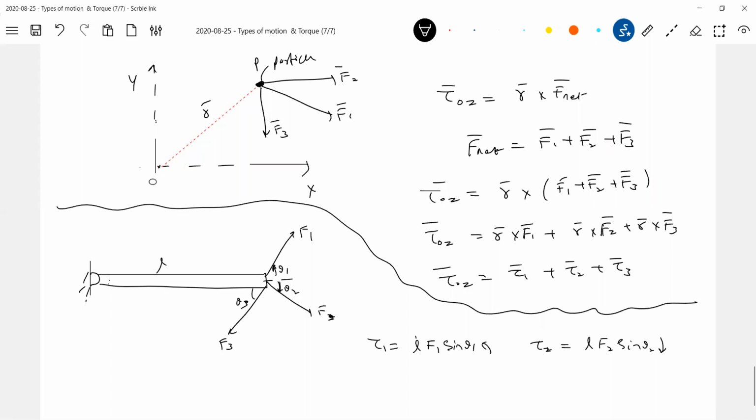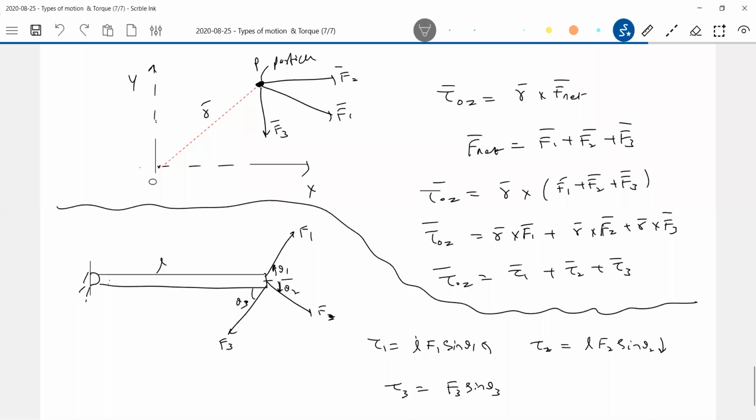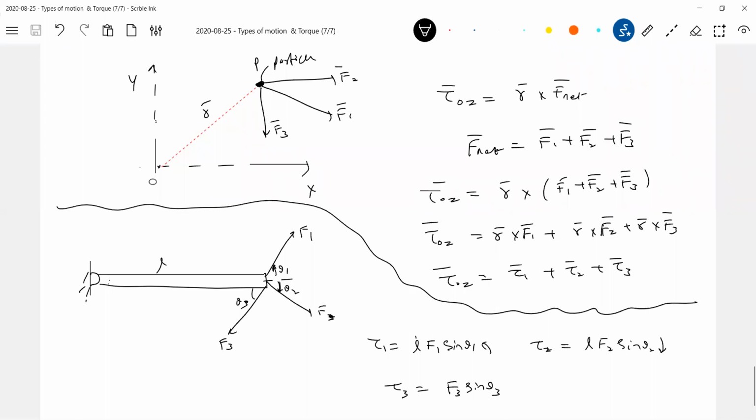What about tau 3? F3 sine θ3, or F3 sine of 90 minus θ3. What is the angle between R bar and F3?